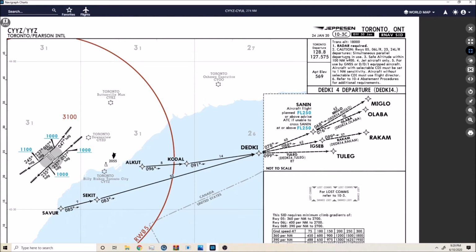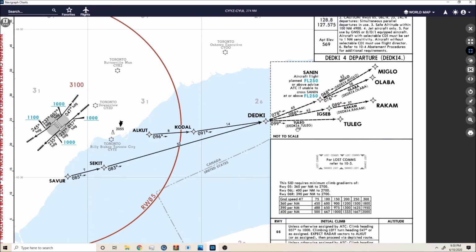So we have some simultaneous departures in use and arrivals. Our 100-mile safe altitude is 4,900 feet. It's a jet departure. And the airport elevation is 569. We'll contact departure 128.8 or 127.57. The tower will tell you which one to contact once you depart.